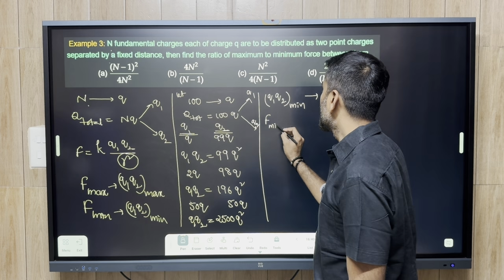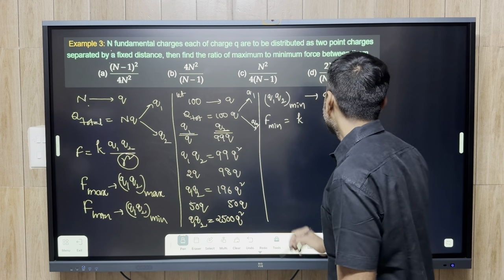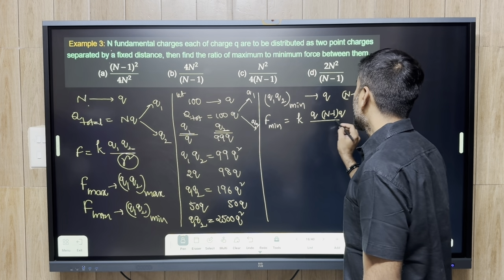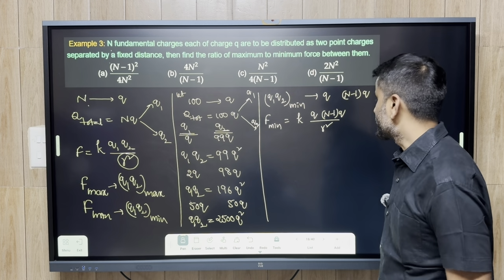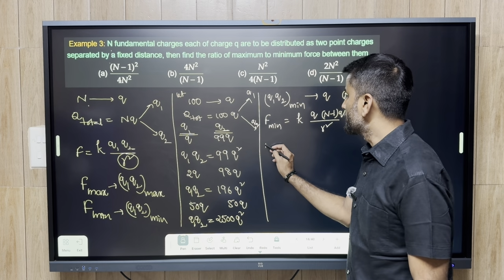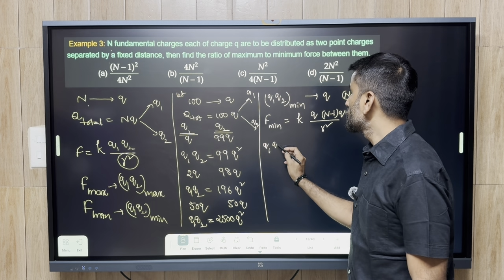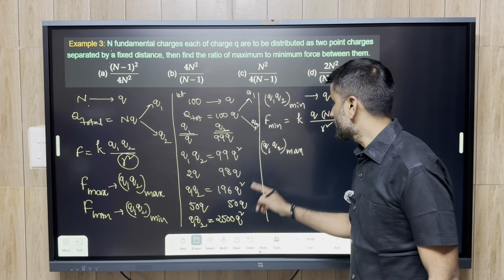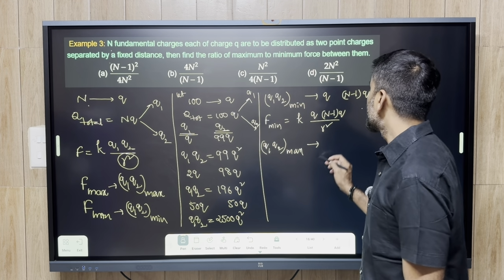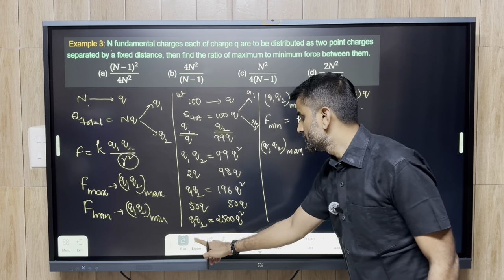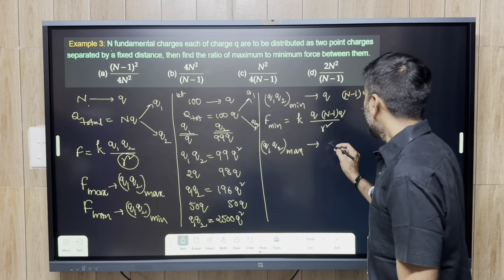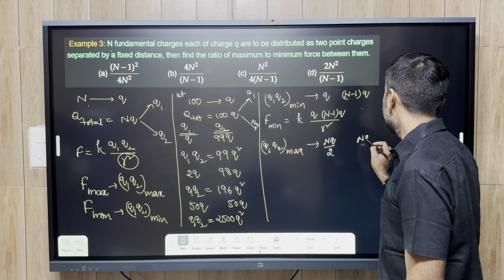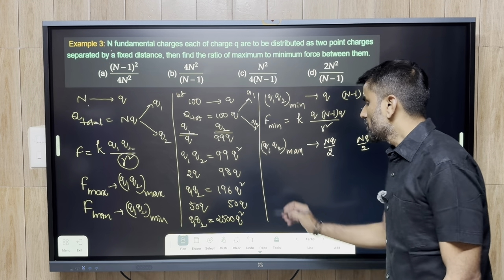And to get F minimum, I'm using the same combination. K, Q1 is Q, Q2 is n minus 1 Q by R square. And for F maximum, for Q1 Q2 to be maximum, the best combination would be nQ by 2, half the total charge, and nQ by 2.